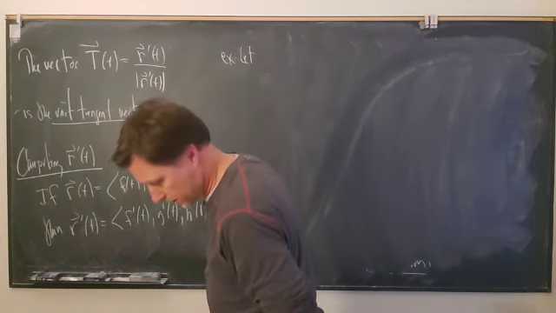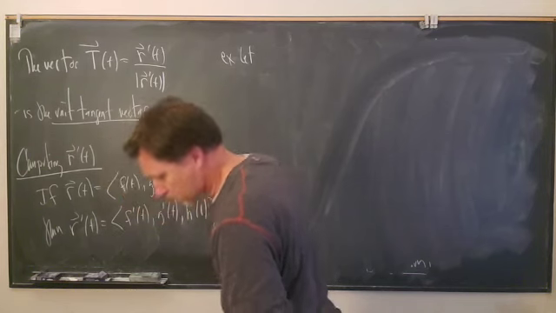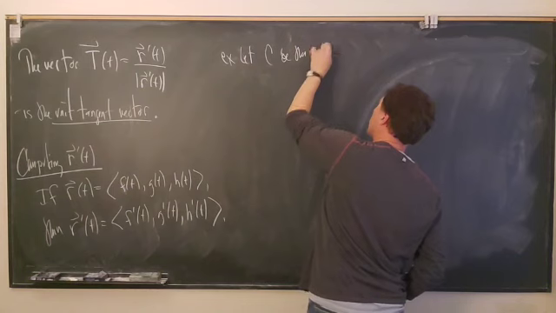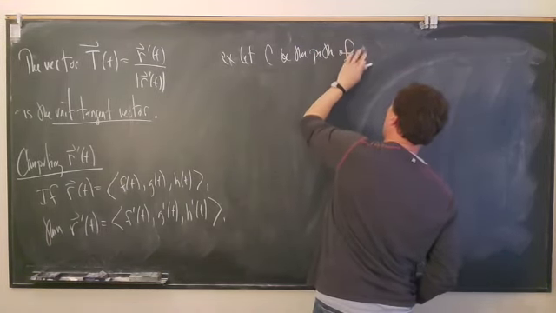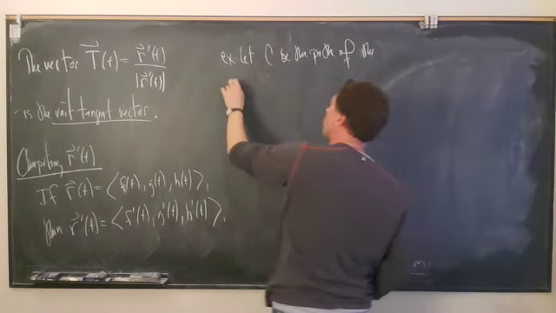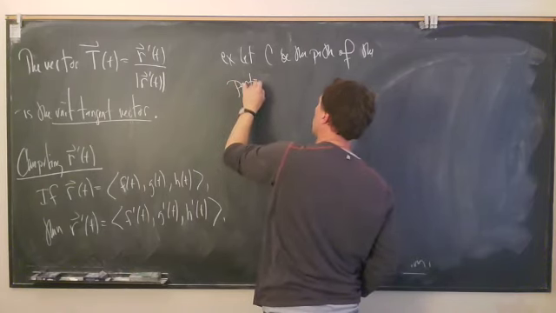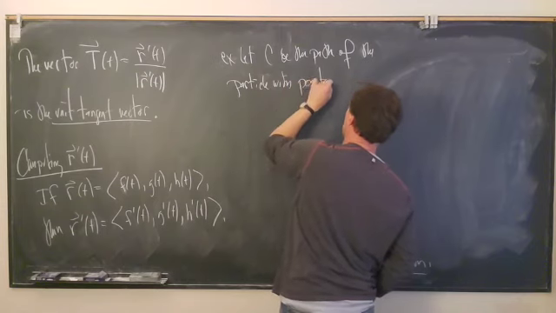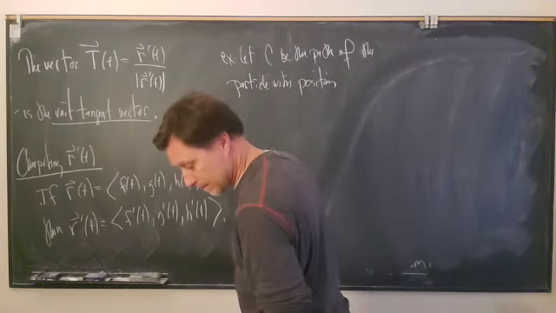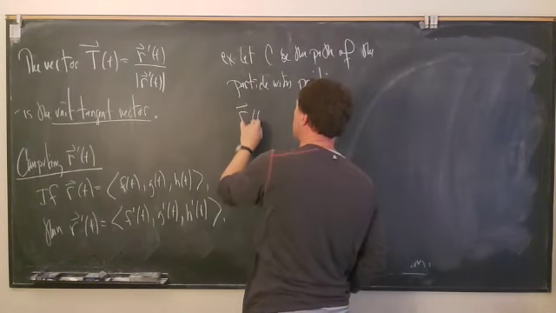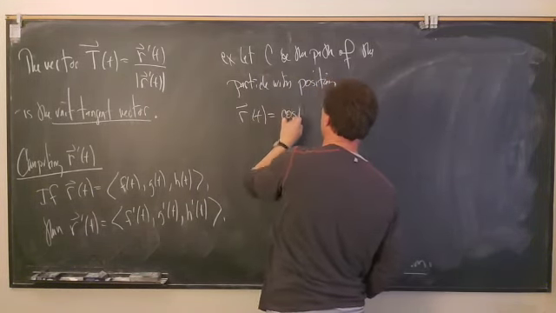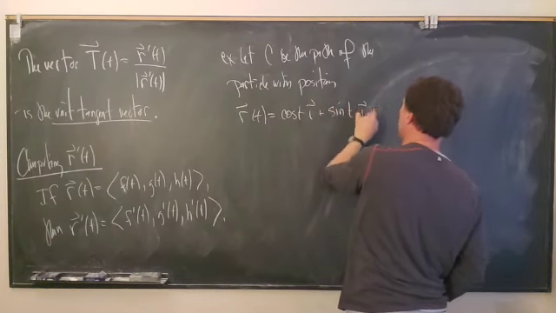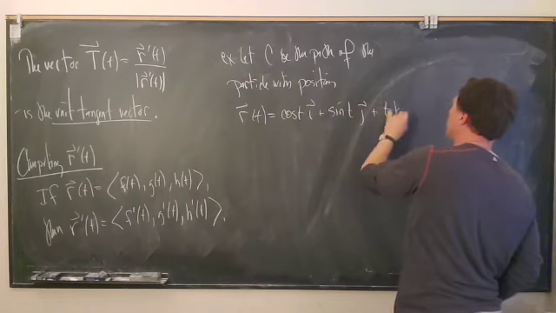So let's let C be the path of a particle, or the particle with position r of t equals cosine of t i plus sine of t j plus t times k.